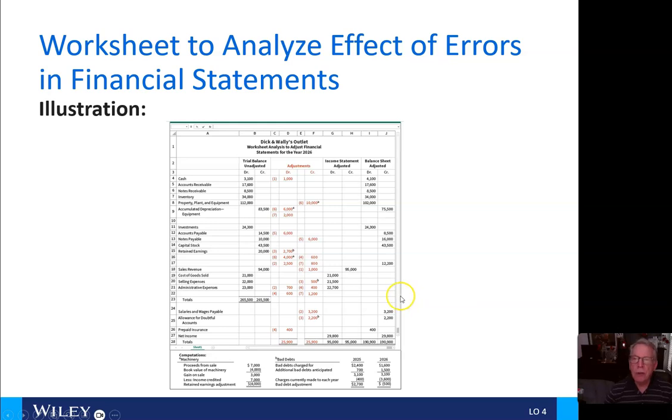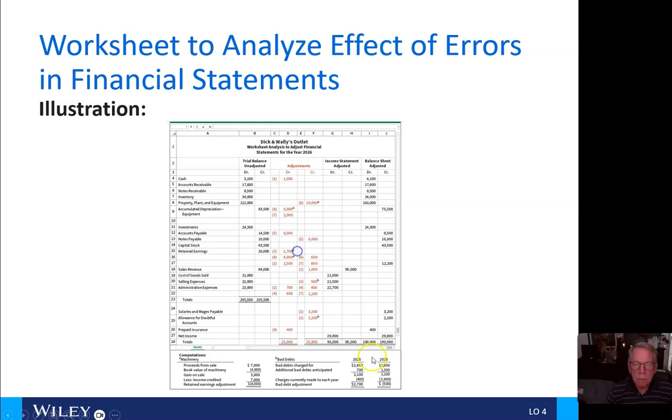Very difficult to see this worksheet, but it analyzes all those errors. Here we show those adjustments for number 1, number 2. Number 2 is here and here. And number 3 is here and here. And for number 3, they're showing the computation of that as well here under Bravo for $2,700.